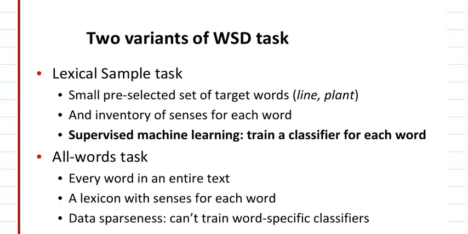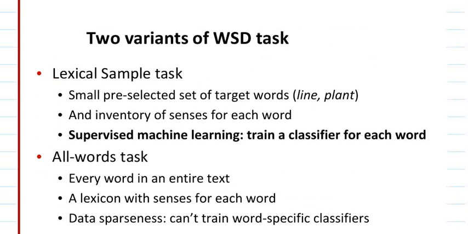We can solve this task by two methods. One is a simple lexical task for a given sample. For a given sample, we are concerned with only a limited number of words. For example, we are concerned with the word line, or the word plant.